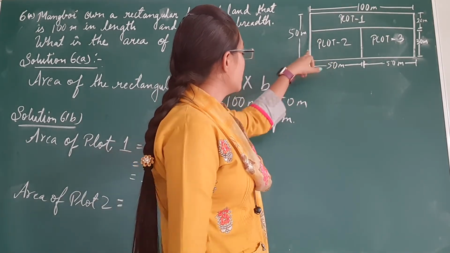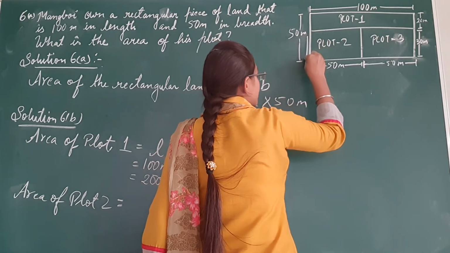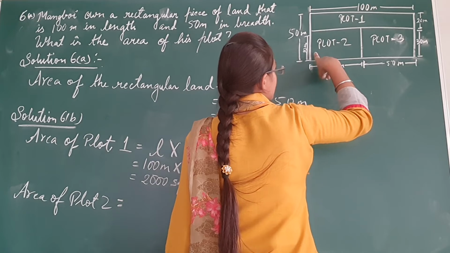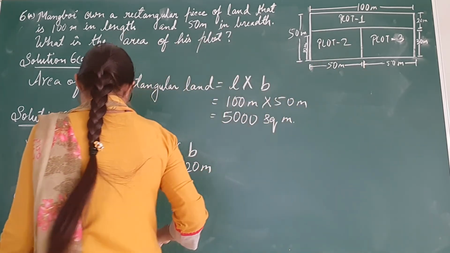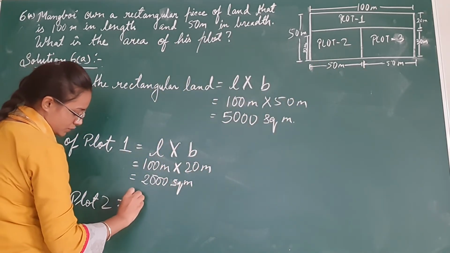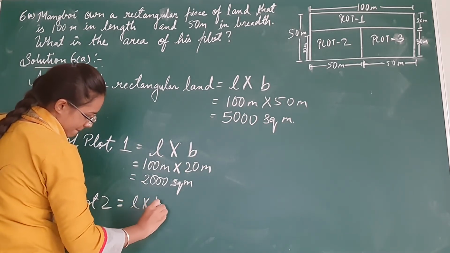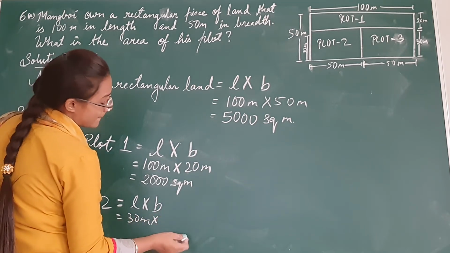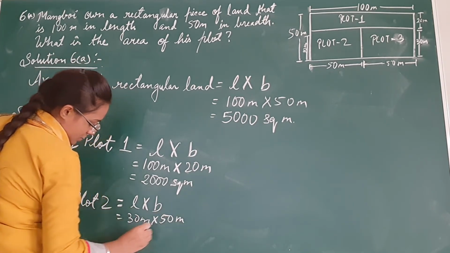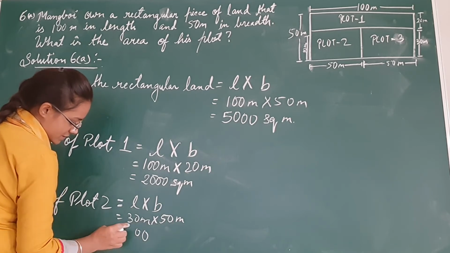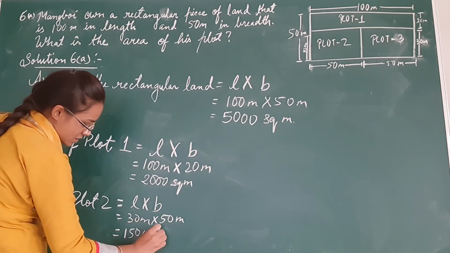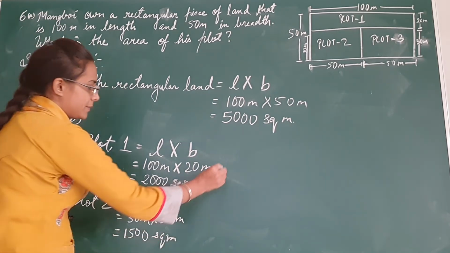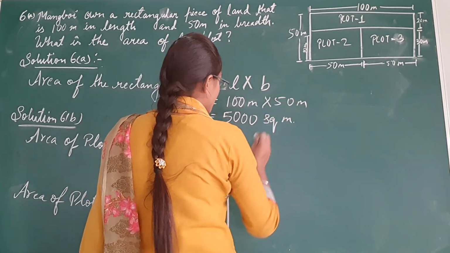We have come to know that this is 30 meter and this is 50 meter. So again, length into breadth: 30 meter into 50 meter. So this will be equals to 0, 5 3s are 15. 1500 square meter. And the area of plot 3 is also the same as plot 2, you can see.